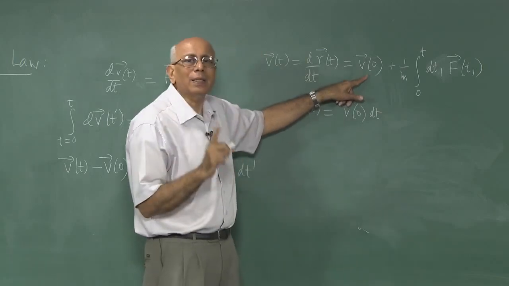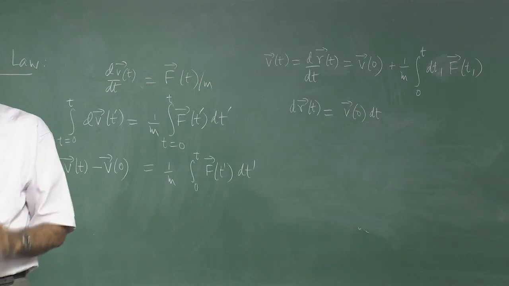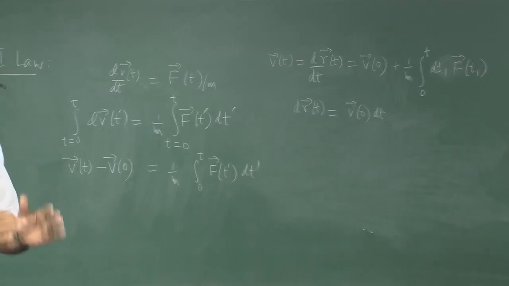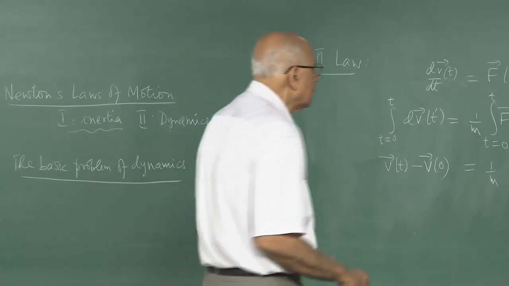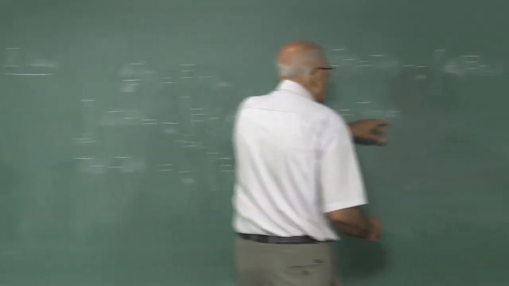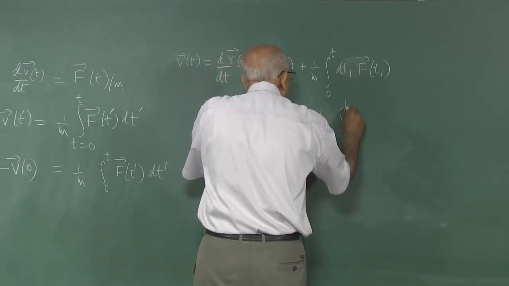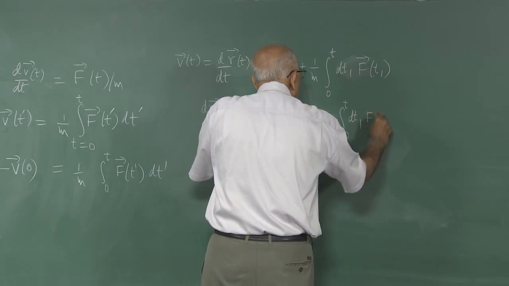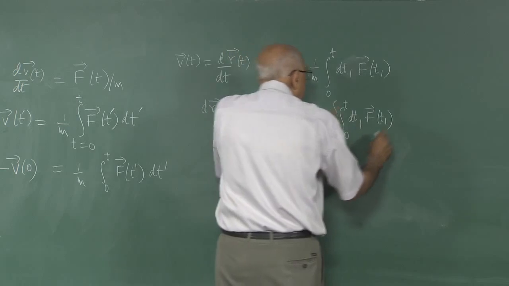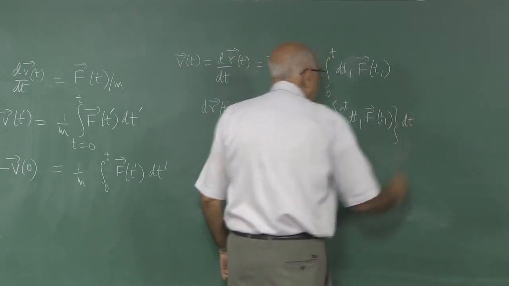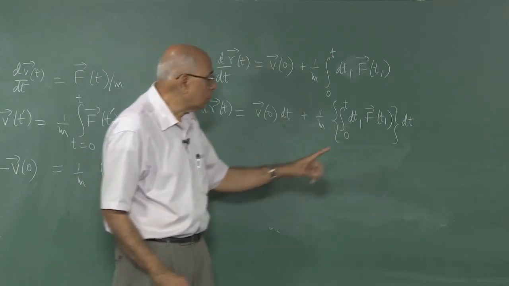This is a constant vector because it just says whatever happened to be the initial velocity at t equal to 0, that vector has to be put in there, and it does not change with time. So this is v of 0 times dt plus 1 over m, an integral from 0 to t dt1 f of t1. This whole thing is some function of t multiplied by dt, but it is a vector function and we should never lose track of that.